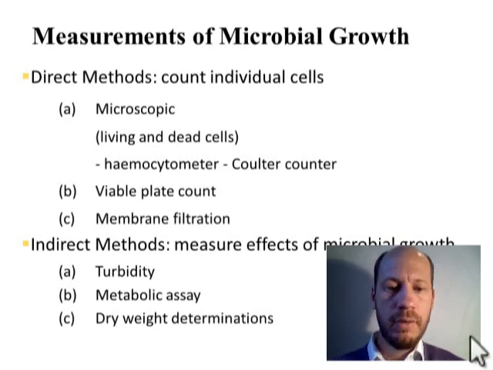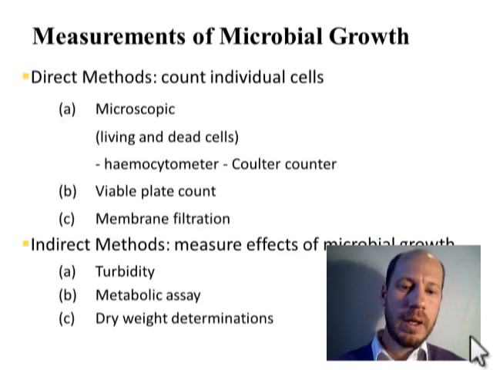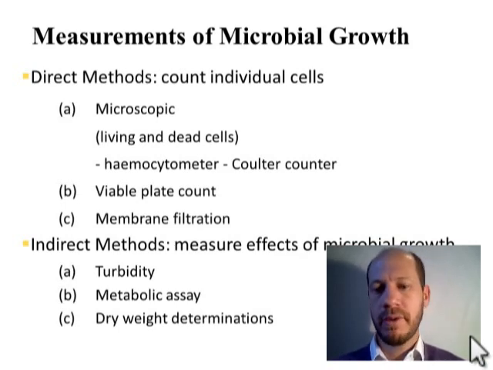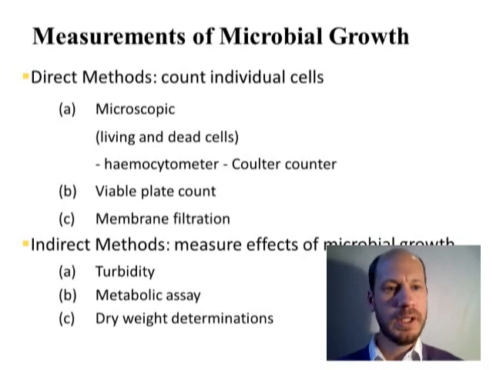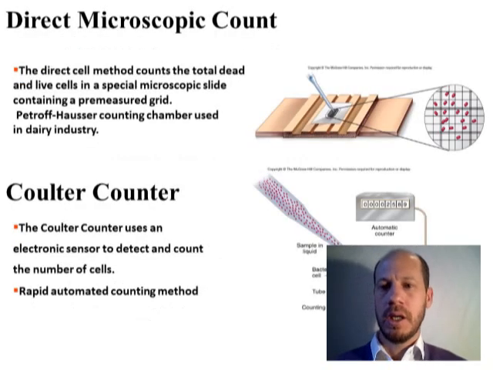If you could measure that, it will be proportional to the number of cells in the medium. The other alternative is just, if you have enough cells, you can just have dry weight determinations. So let's detail a little bit more these.